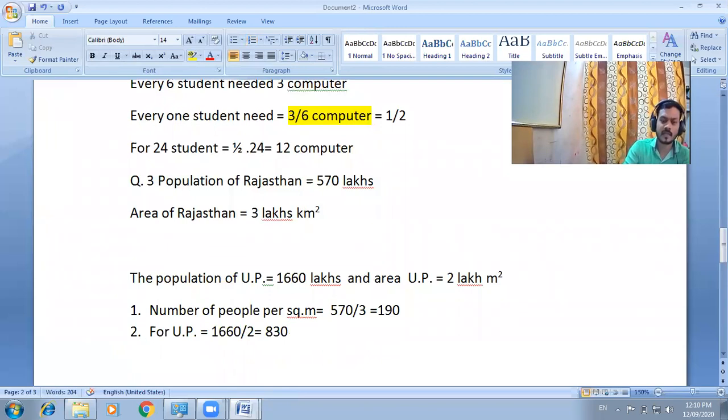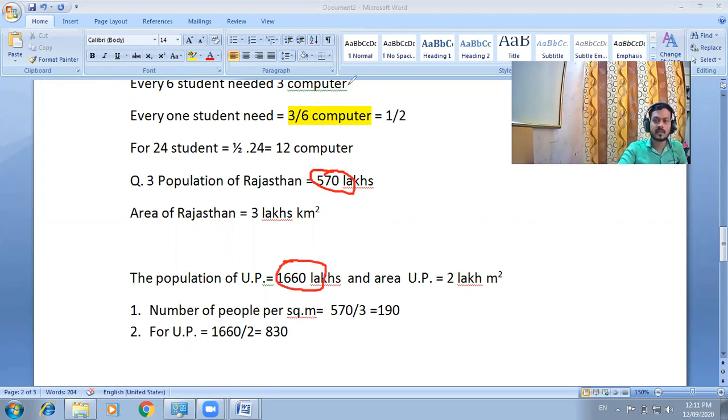Our second question is which state is less populated? Okay, again it is related to comparison of population, and population of UP and population of Rajasthan are same kinds of unit. So again we can easily compare which state is less populated. So firstly see the population in Rajasthan equal to 570 lakhs and 1660 lakhs in UP.